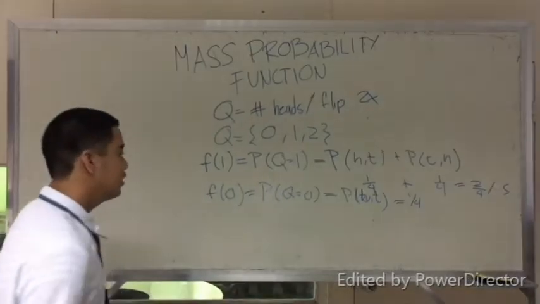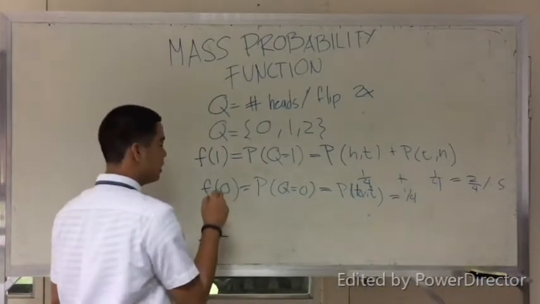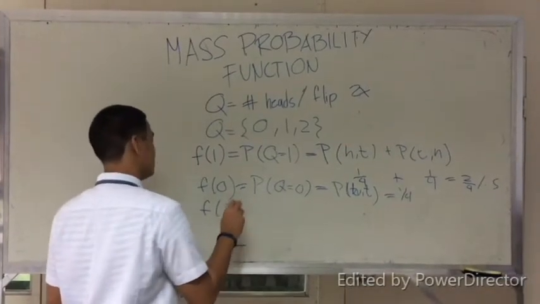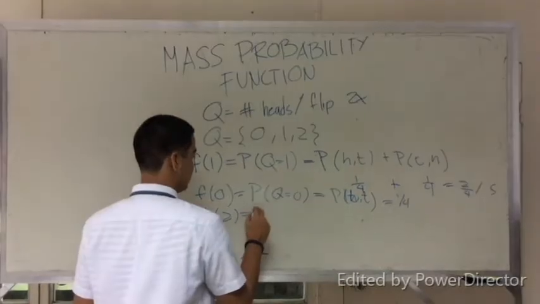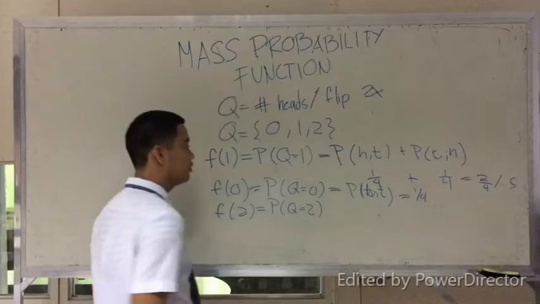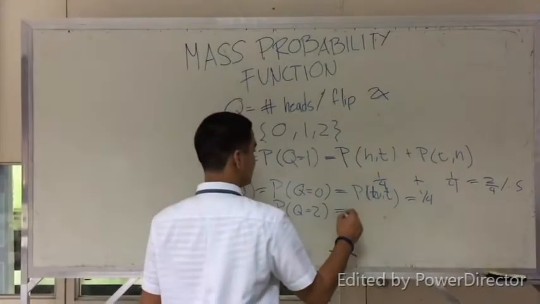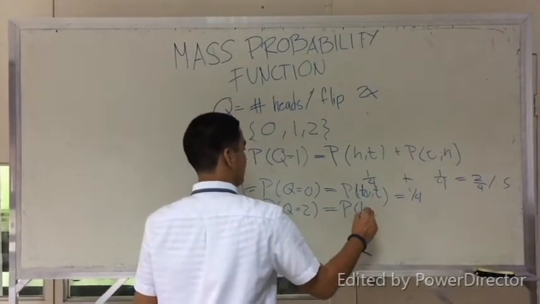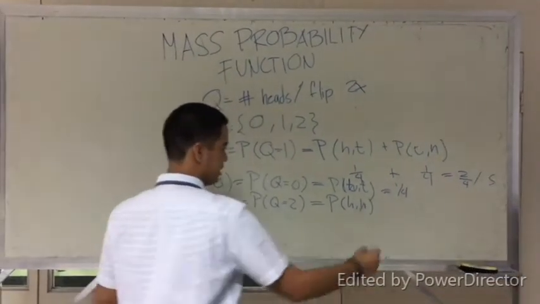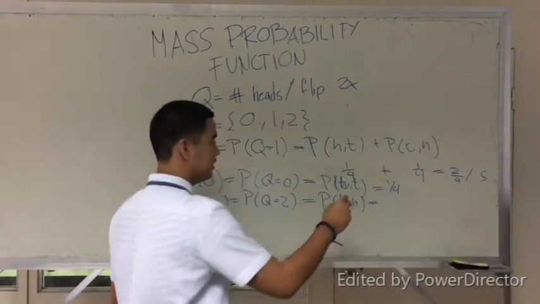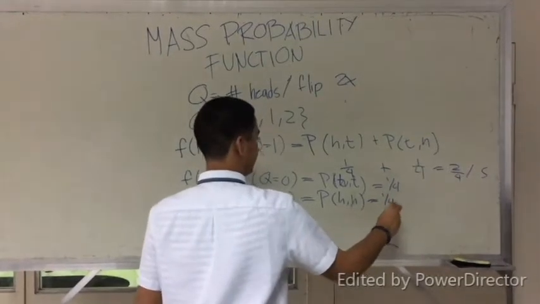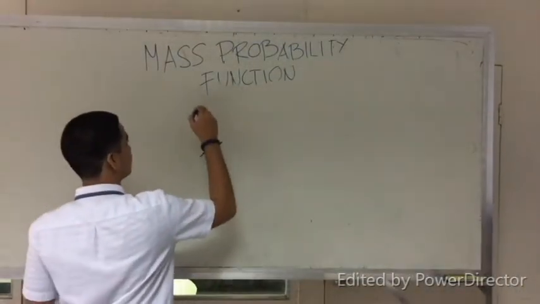And lastly, we want to know the probability of having two heads up. So P(Q equals 2). The probability of having two heads up is heads and heads, and it is equal to 1/4. So now let's make a table.